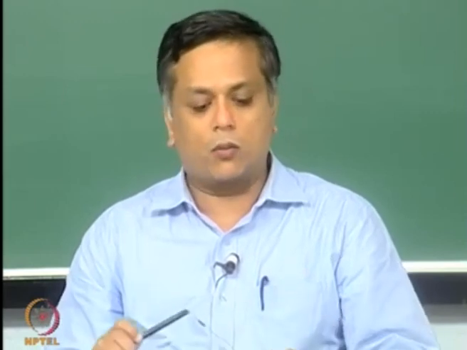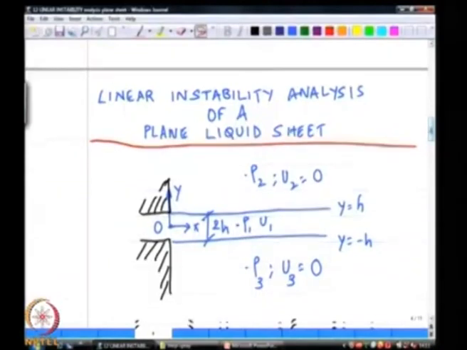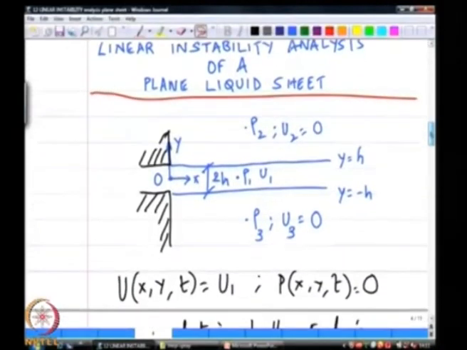But we are only going to focus our attention today on the linear instability analysis of an infinite plane liquid sheet. Okay. So, let us look at the schematic that we have.